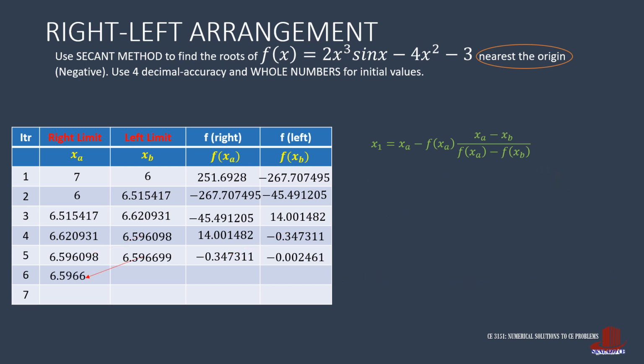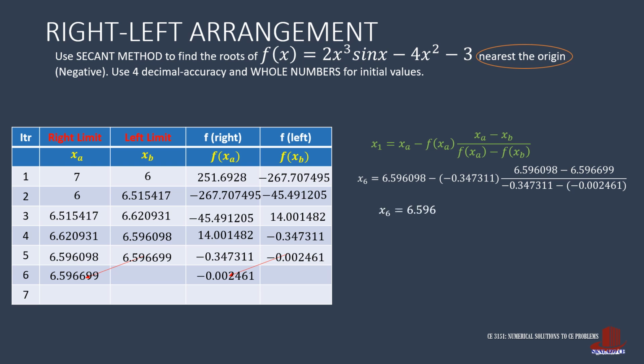Do the same process of sliding xb and f of xb to xa and f of xa. Then compute for the new xb as 6.596098 less negative 0.347311 times 6.596098 minus 6.596699 all over negative 0.347311 less negative 0.002461.